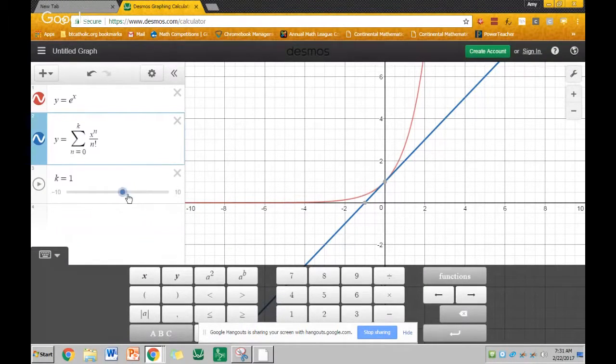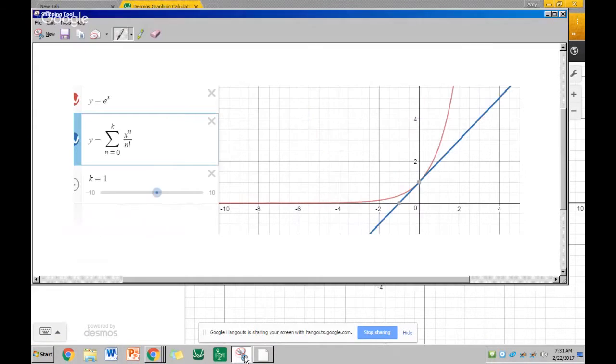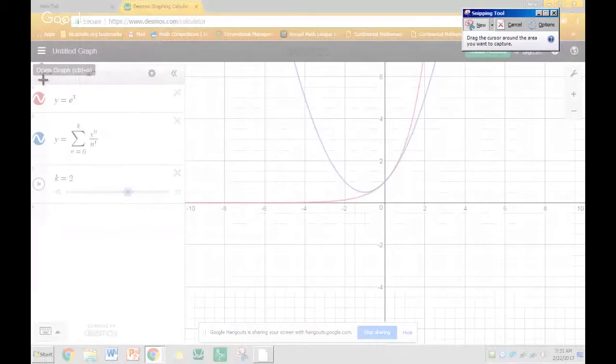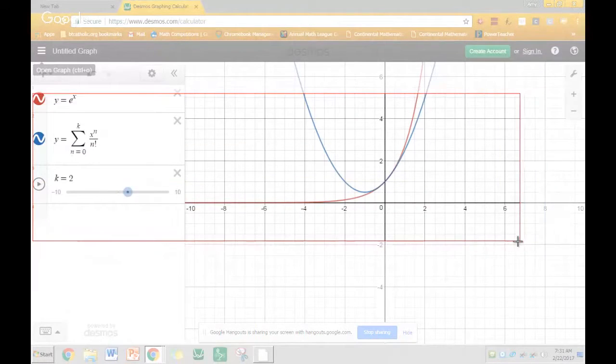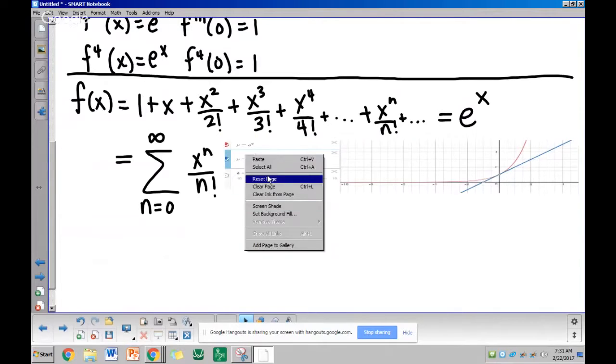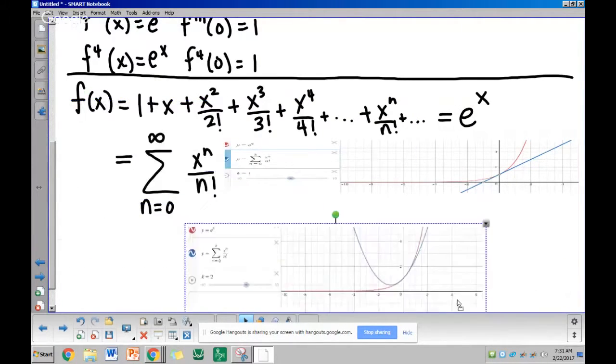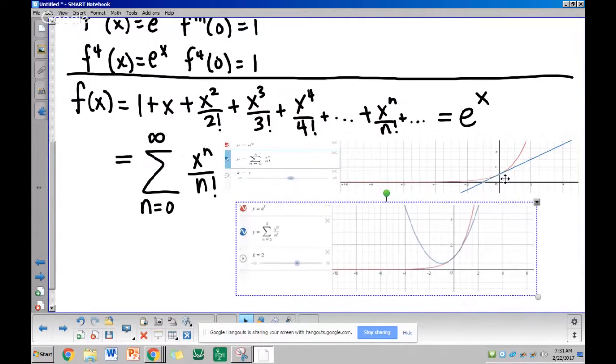We just go up by 1. And you see now that that is a tangent parabola. So I'm going to snip that. So that polynomial is a degree 2. And you'll see that it's a nicer fit here for a larger portion of the function e to the x.